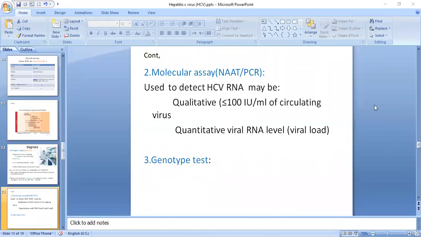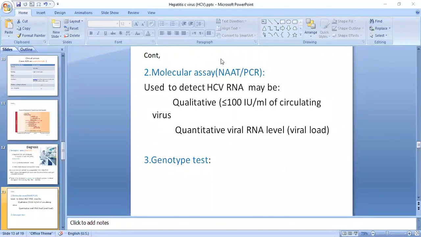The confirmation of the hepatitis C virus needs the molecular test, that is the nucleic acid amplification test, that is the PCR, and this detects the HCV RNA.